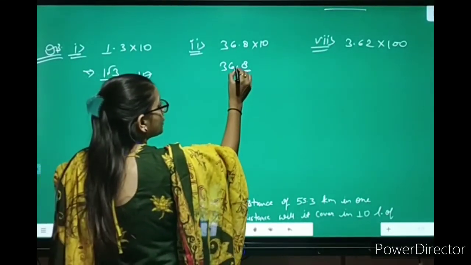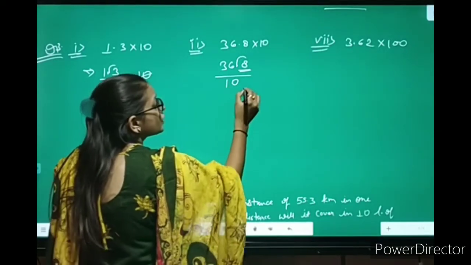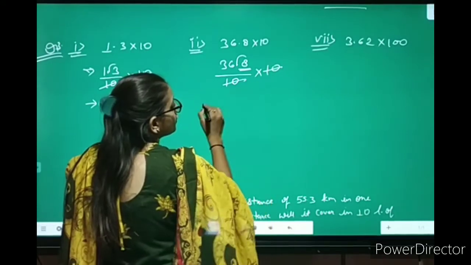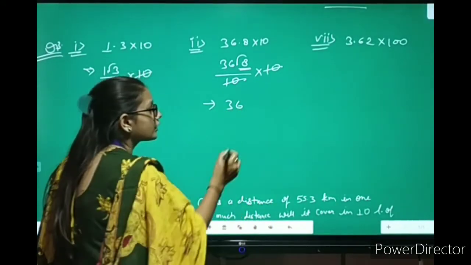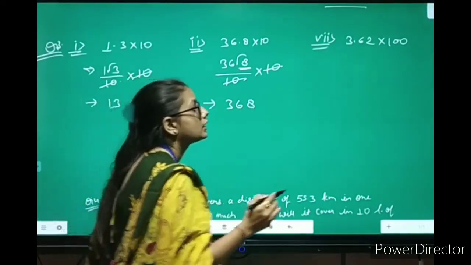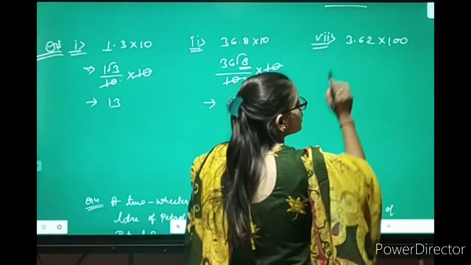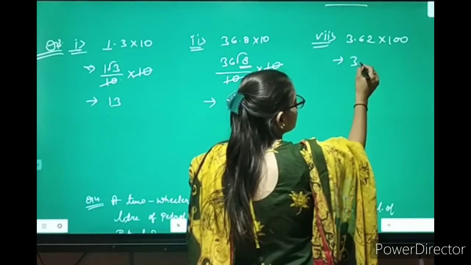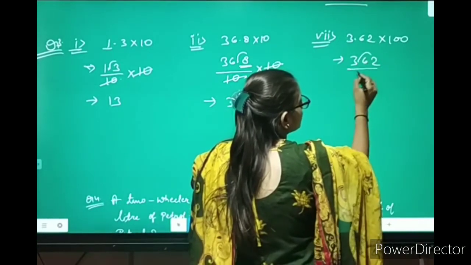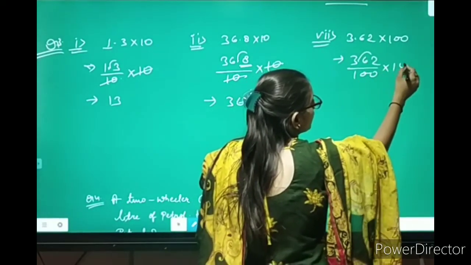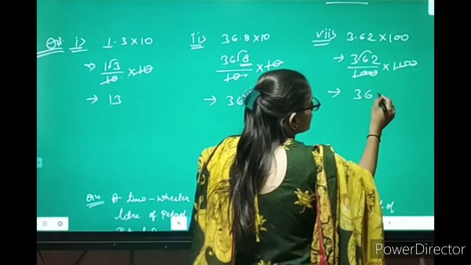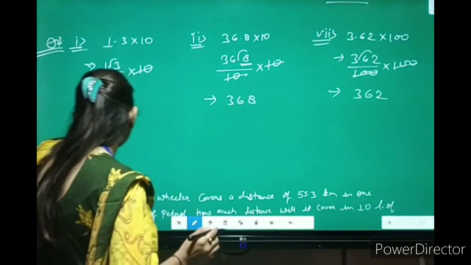So we can write 368 upon 10. So answer is 368. Next, question number 7 is 3.62 multiply by 100. Remove the point upon 100 multiply by 100. So answer is 362.